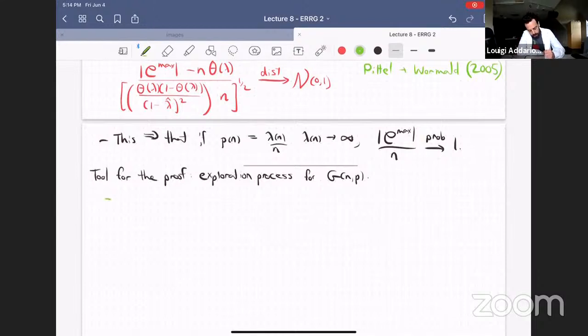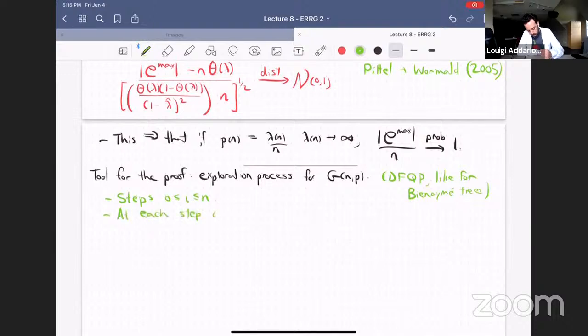I'll call it the depth first queue process, like for BGW matrices. It will have n plus 1 steps, from 0 to n, and at any given time we have three sorts of vertices.